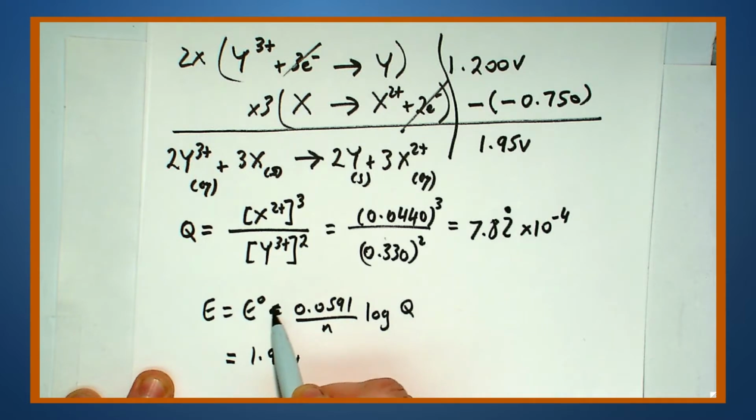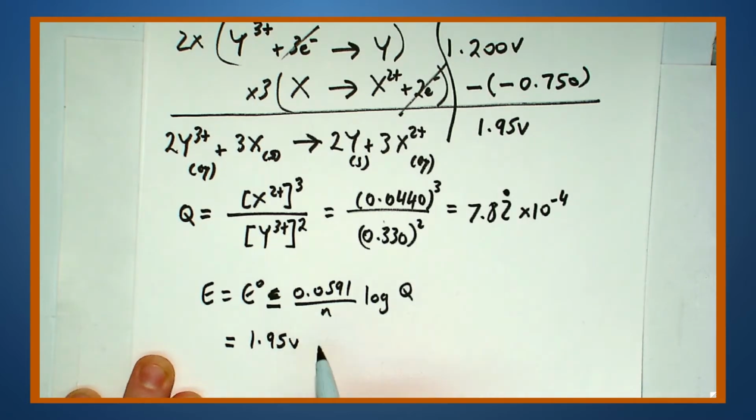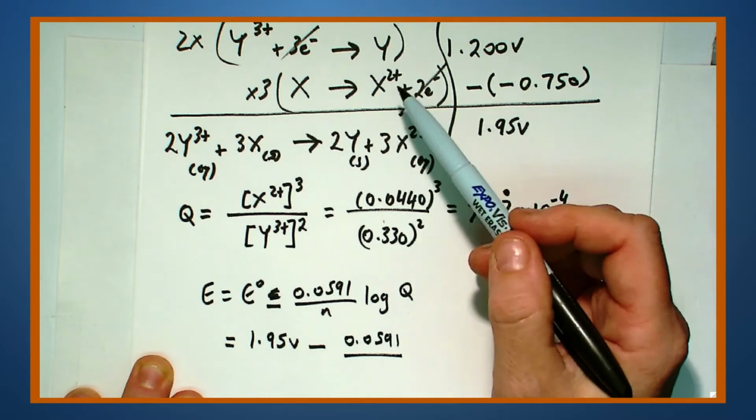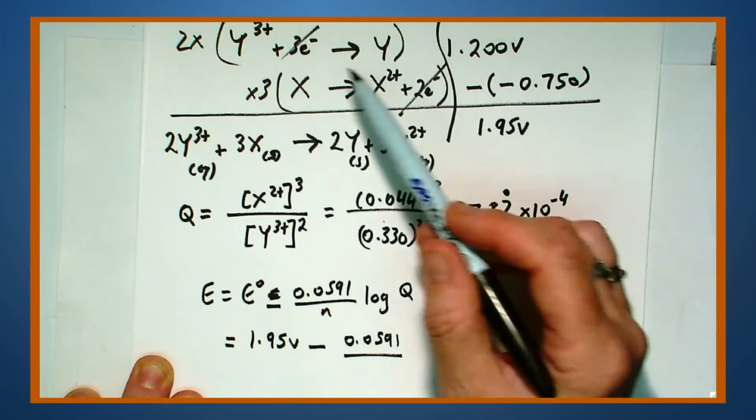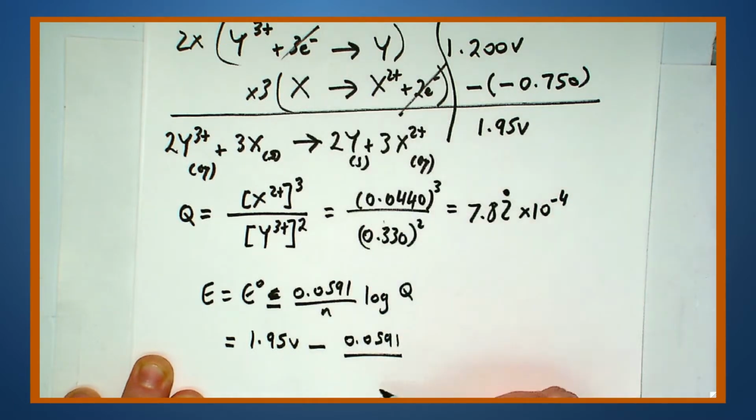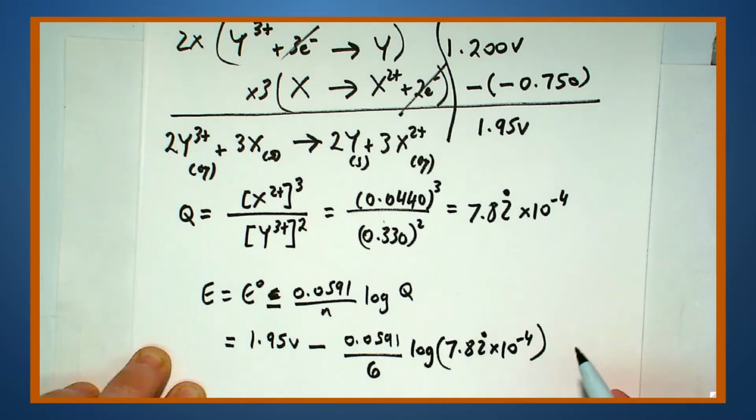Oops, that shouldn't be an equal, should it? It should be a minus there. 1.95 volts minus 0.0591 over, can you see? n, 3 lots of 2, 2 lots of 3, so n is 6, log of 7.82 recurring times 10 to the minus 4. So that's got it all set up.